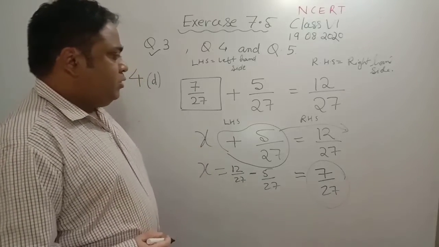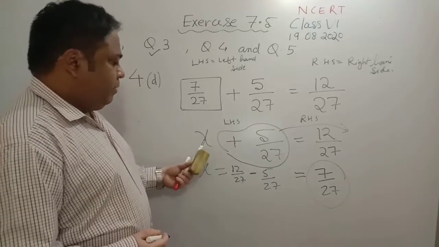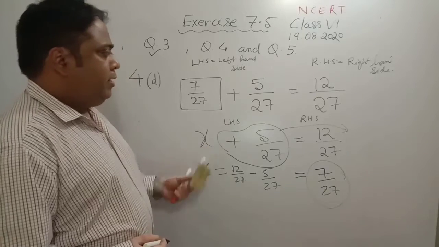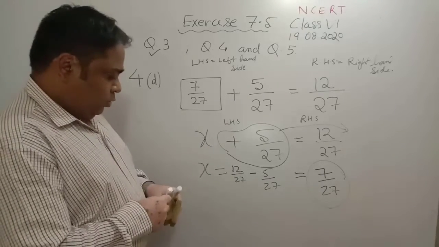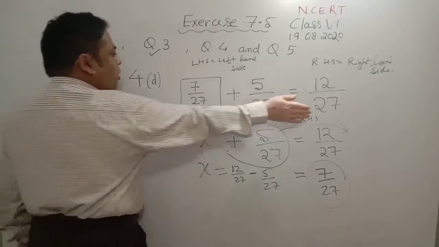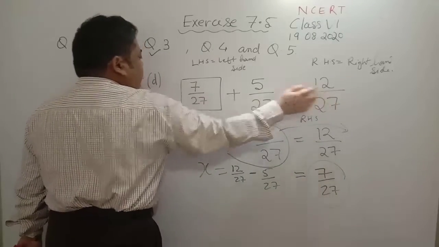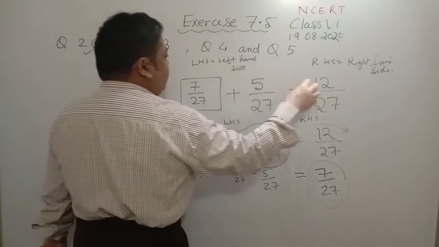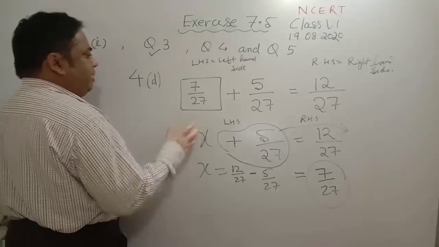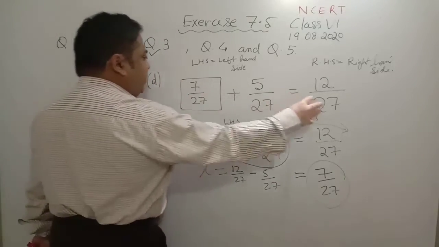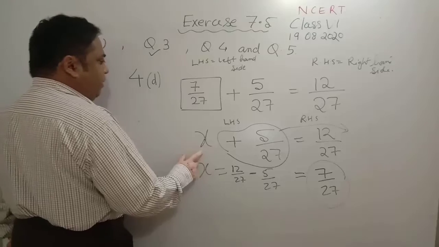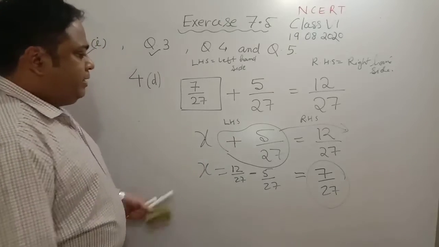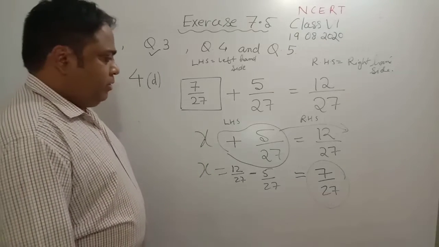So this is a universal method. This method can be used everywhere. But if you can do it like this also, that you overlook the denominator and it would seem to be 7 plus 5 equal to 12, the same method will not apply if the denominator is different. But this method will be applicable in both the cases. So practice using this method.